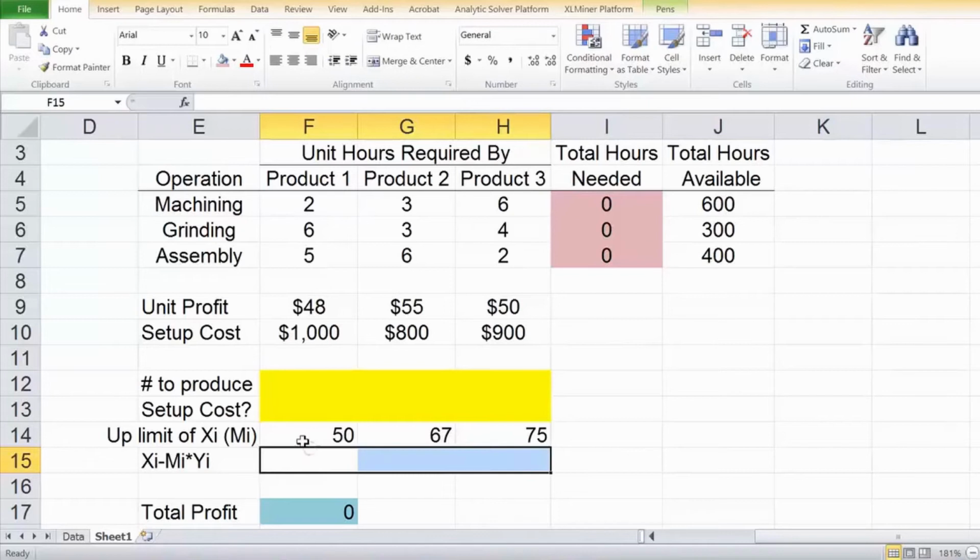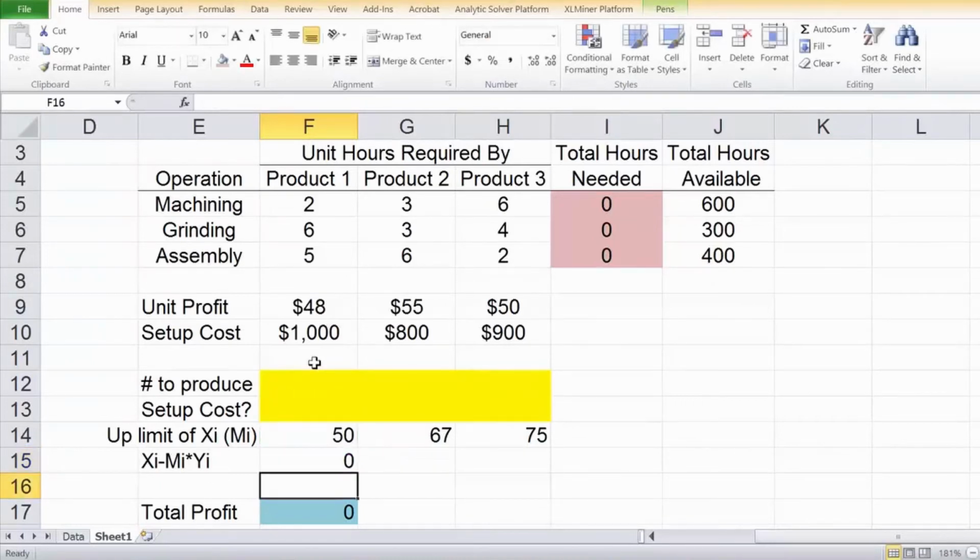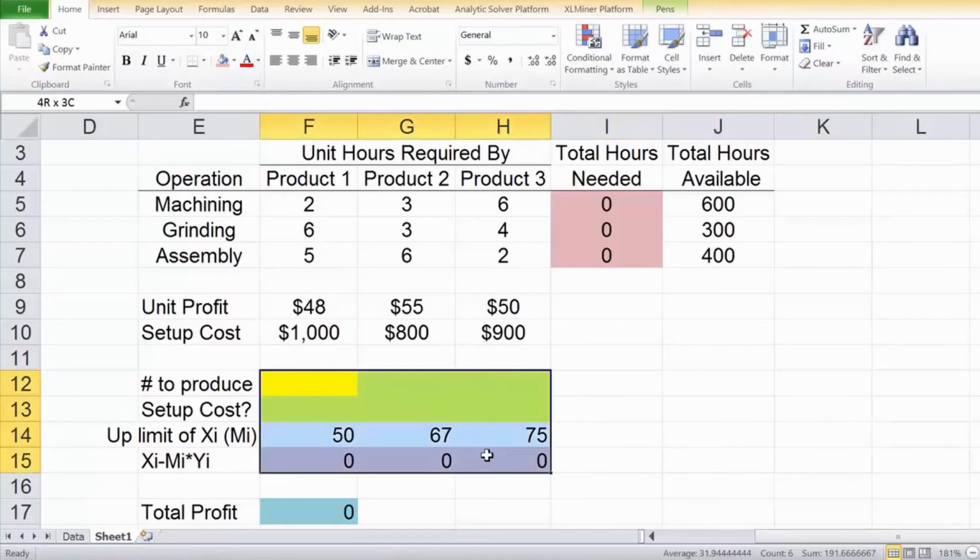So this equals our xi subtract the big M times the y, so x subtract the product of these two. Then copy it all the way here, and highlight this row to be the left hand side of our constraint.